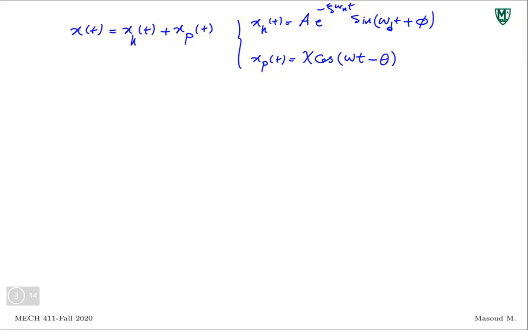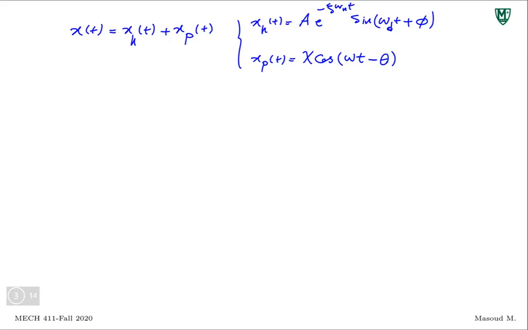And this minus theta is added there because now we have a damper in the system. Just as a general explanation, if you want to know why that theta showed up there, the damper is causing some phase difference between the force and the response.